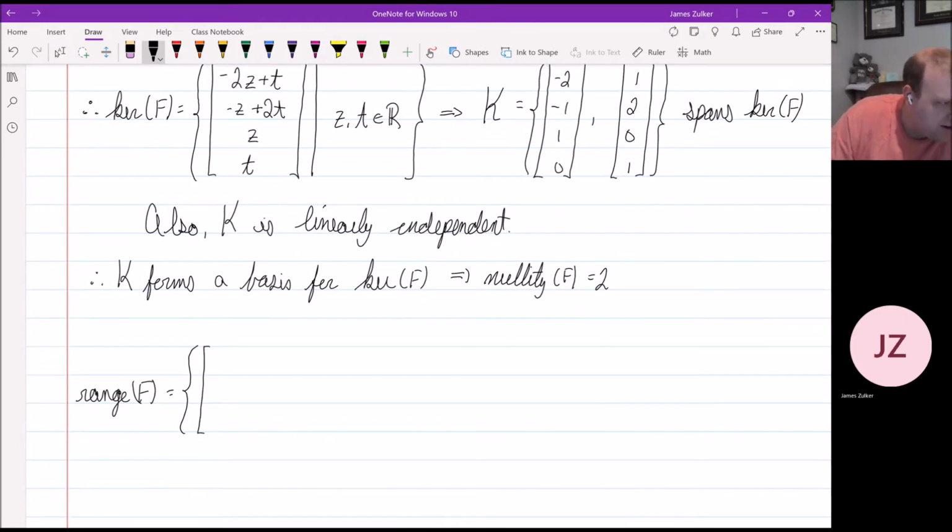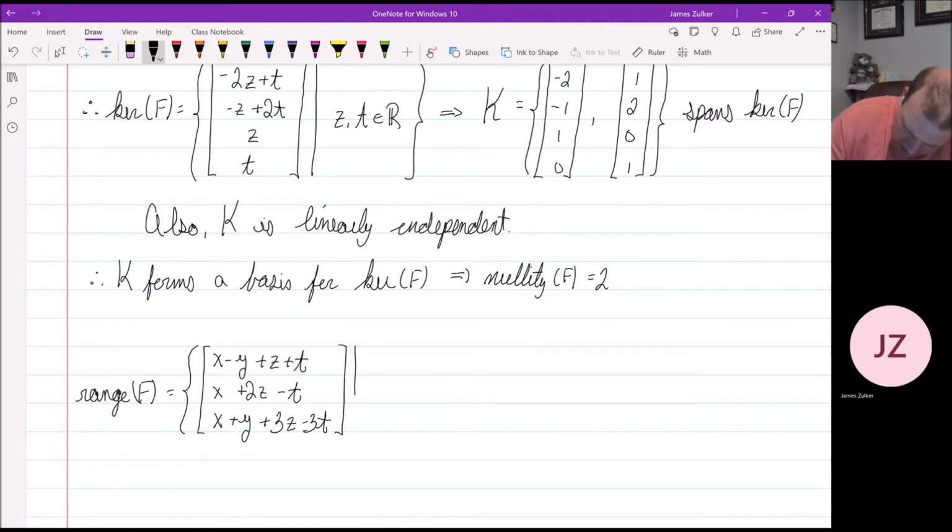So it's going to be the set of 3 vectors of this form, such that all of these variables are real numbers.